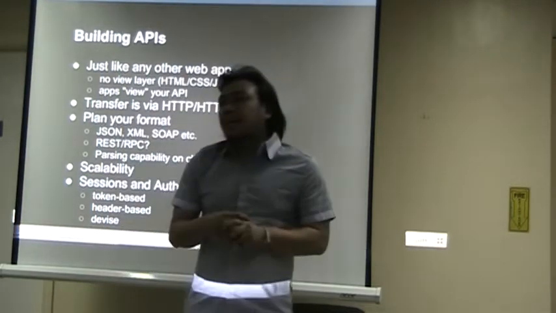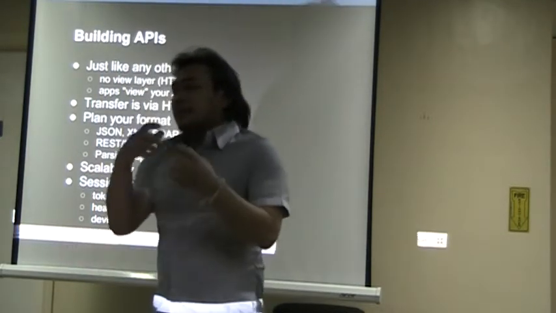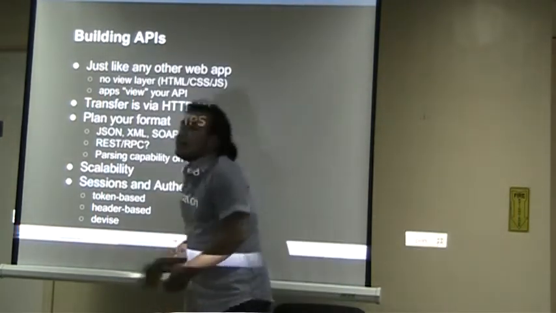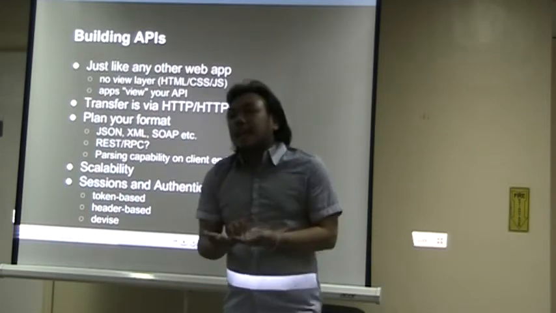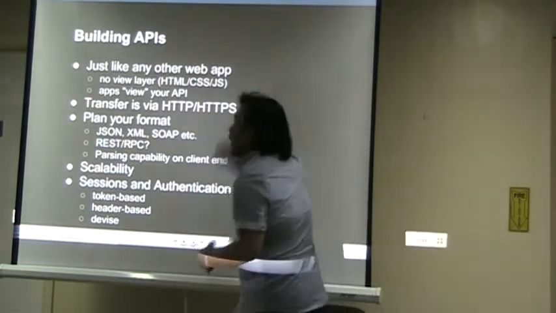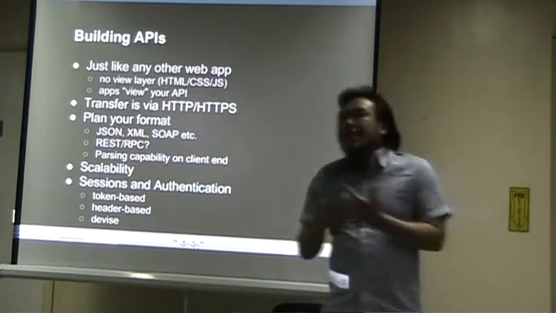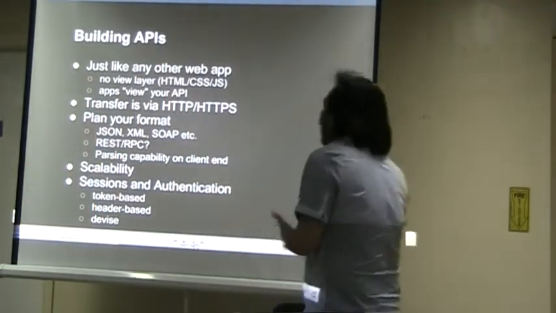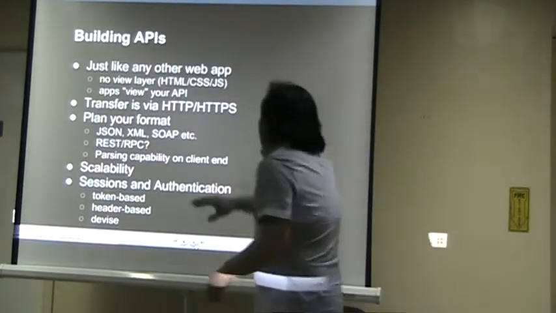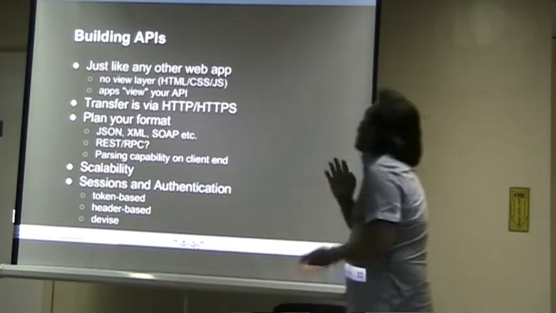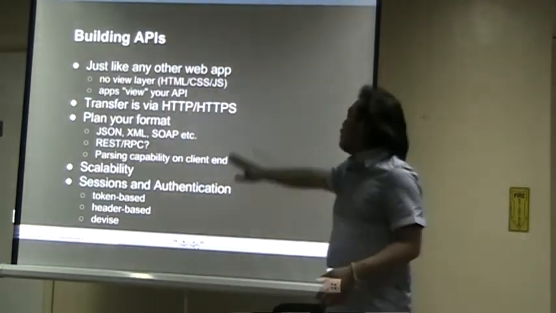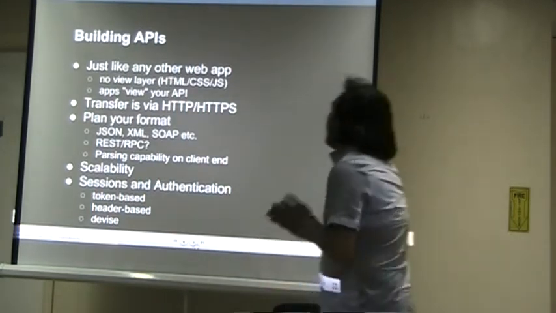The audience of your API is your mobile client. So it will be machines or programs that will be using the web app that you are building. But again, the mindset, the process is still the same. If you can build a web app, then you can build an API. Just like any other web app, the protocol used is HTTP, or HTTPS if you want it to be more secure.